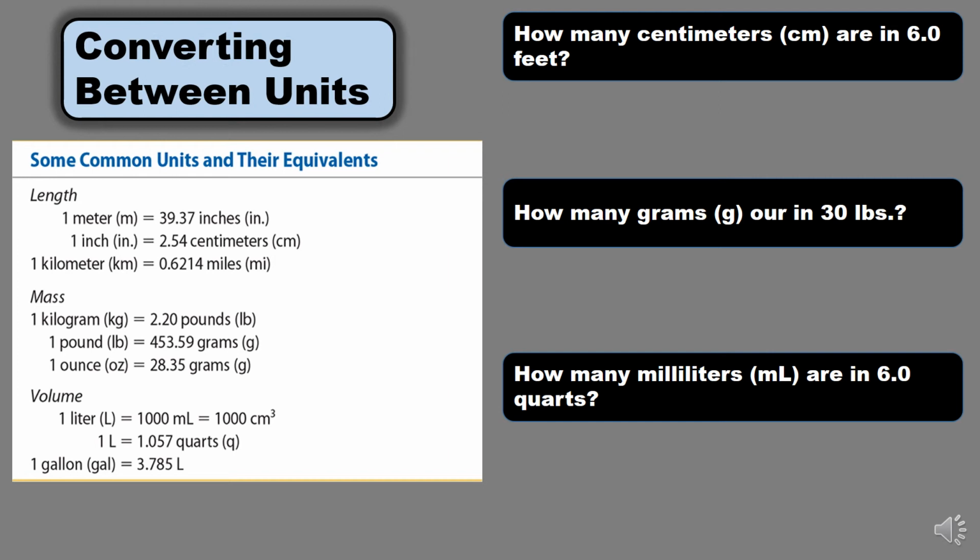On the second question, it says how many grams are in 30 pounds. You're going to convert from 30 pounds to grams using this information over here on this side. You're going to look at your pounds information, and convert to grams by using this information here. On the first one, going from feet to centimeters, you're going to be working with these numbers up here. I want you to see if you can do this.